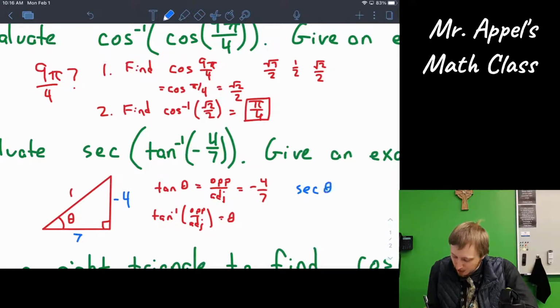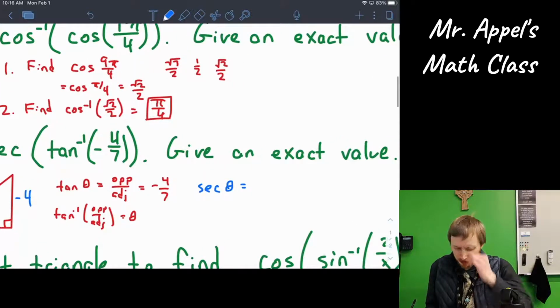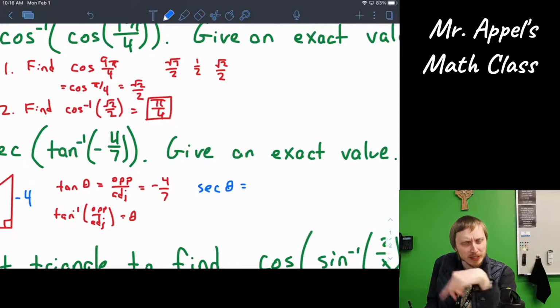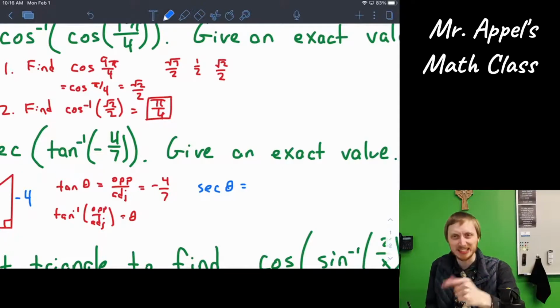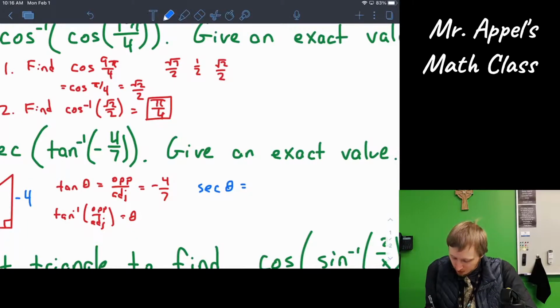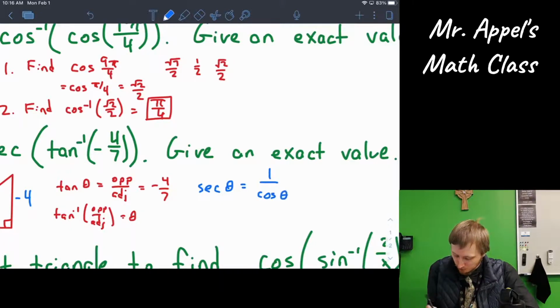If I did, secant of theta would be, remember your expanded trig functions, secant starts with s, so it is not sine. They always do that to you, right? They reversed it. Secant is not sine. It would be nice if it did. So if it's not sine, it must be cosine. Secant is the reciprocal, 1 over cosine of theta.